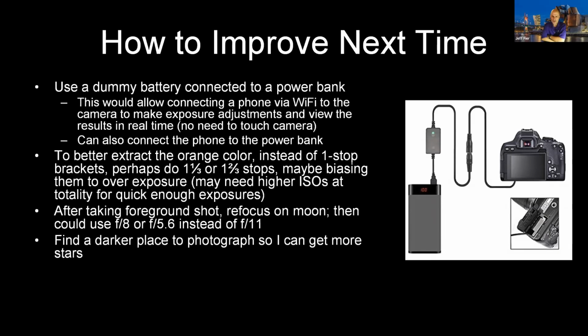The second thing I would do, since I had to up the exposure so much to get that orange color to come out of my eclipsed images, is that instead of doing one stop bracketing like I did, I think I might up that to 1 1/3 or 1 2/3 stops of bracketing, and maybe even bias the bracketing towards the overexposed side, so that it would be easier to get that orange color coming out.